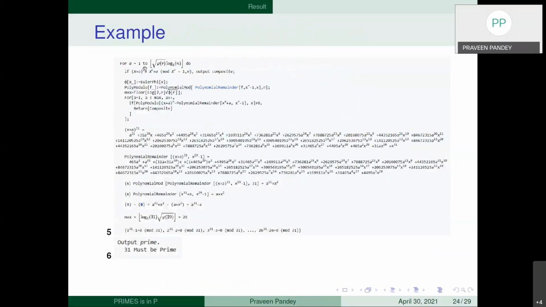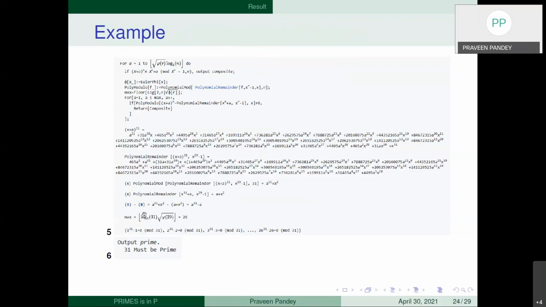So we go for a equal to 1 up to φ(r), which is the Euler totient function, times log n. We check whether (x + a)^n is not equal to x^n + a mod (x^r - 1, n). For that part we have calculated (x + a)^31, and then (x + a)^31 mod x^29 - 1, where r is what we found in step 2.